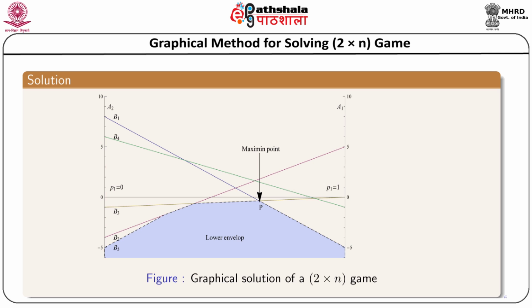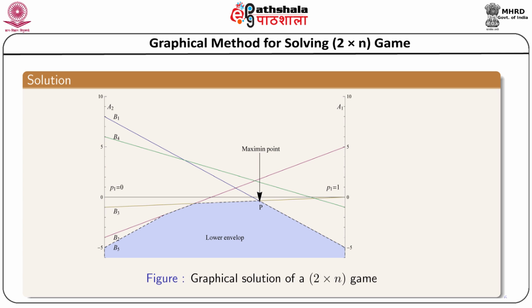The figure shows the lower envelope by the shaded region and the maximum point indicated by the point P, which is the intersection of the line segments B3 and B1.